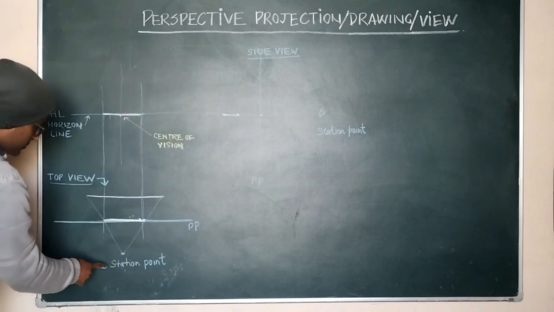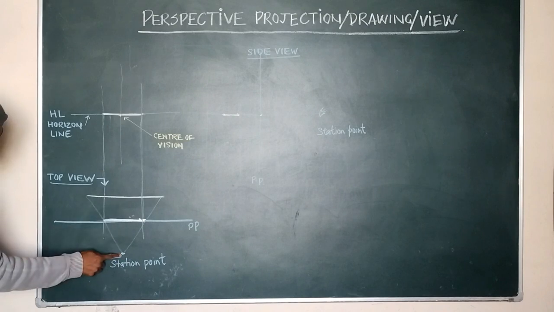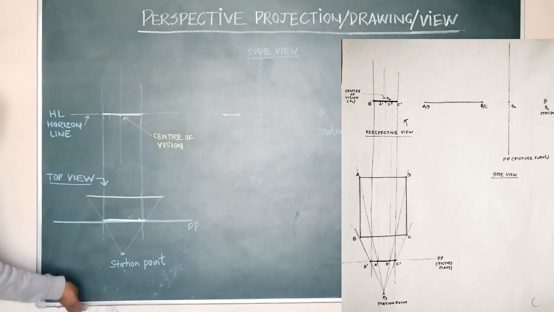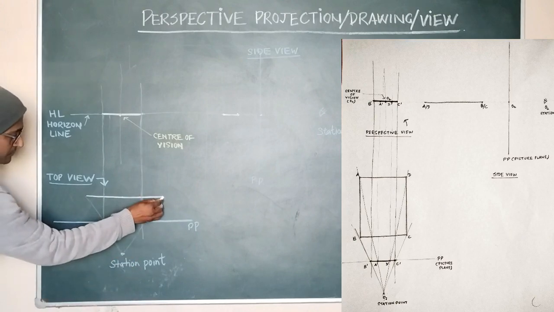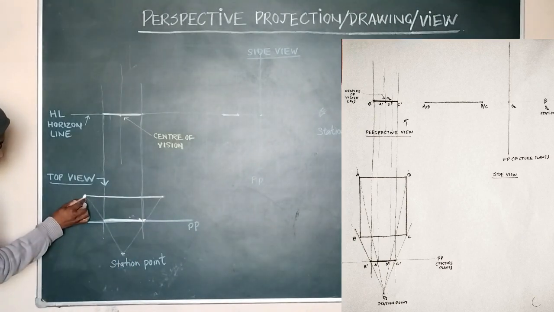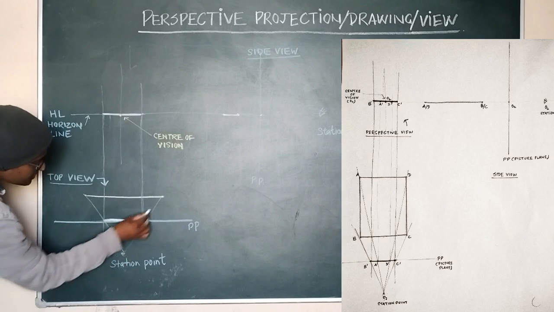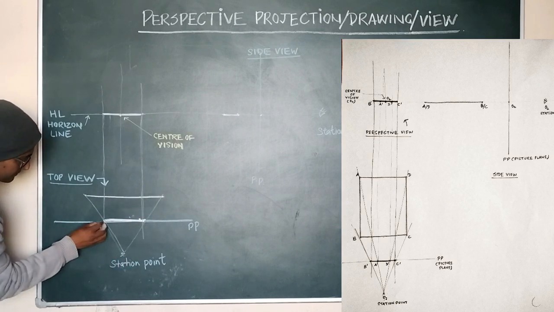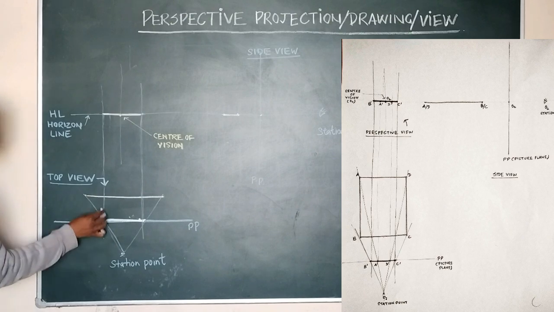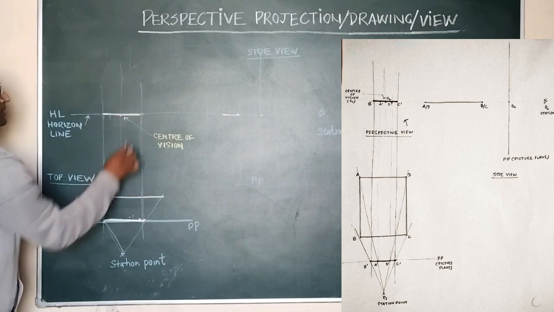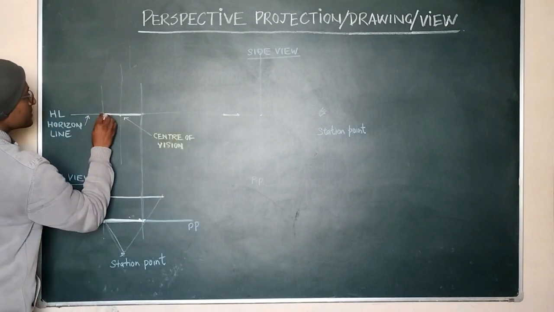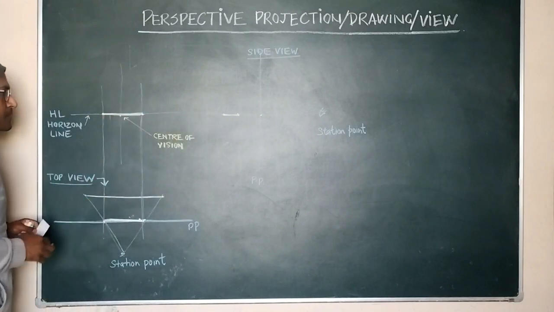Now if I draw the top view, this is the station point, this is the picture plane, this is our object, and if I draw the ray from this point to the station point and from this point to the station point, it cuts the picture plane somewhere here. So I can take the projection from here, I can also take the projection from the side view, and this will be the final view.